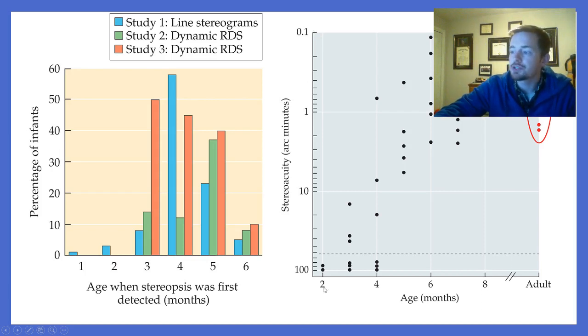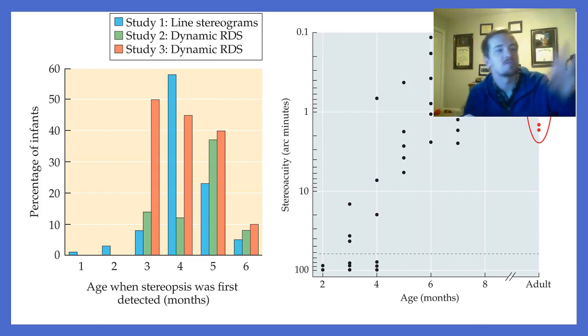And so what this shows is that when we are about 2 to 4 months, really early in our development, we have really poor depth perception, right? This is why sometimes you'll see babies looking around all over the place, and they can't tell if something across the room is right next to them, because their depth perception is not so good. But after about 5 months of age, that's when depth perception gets much better.